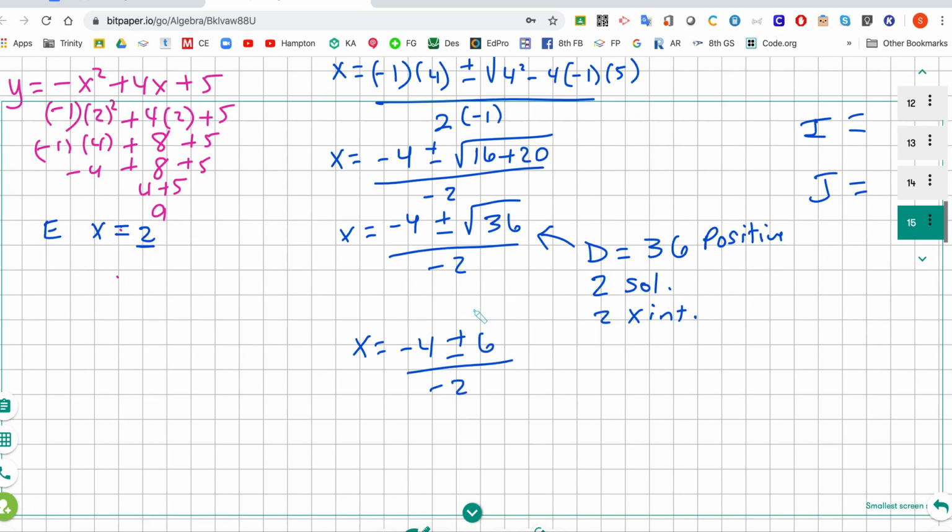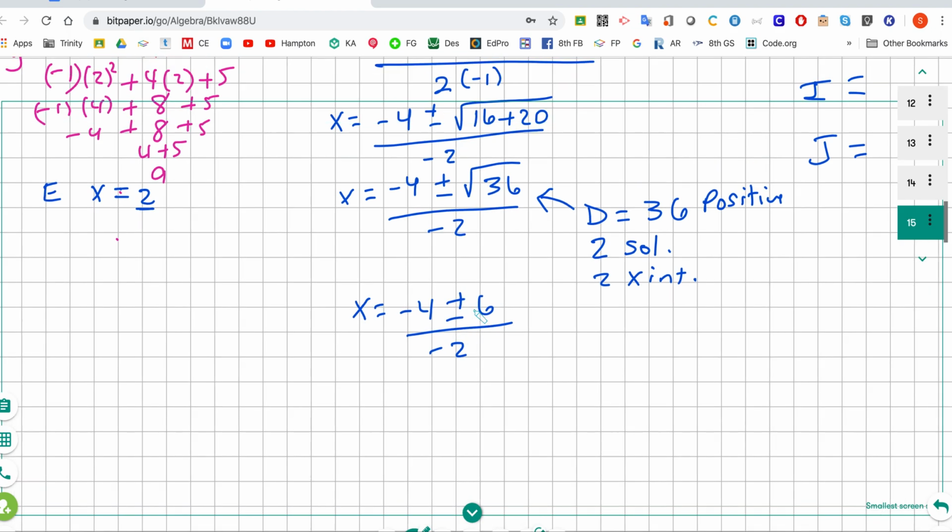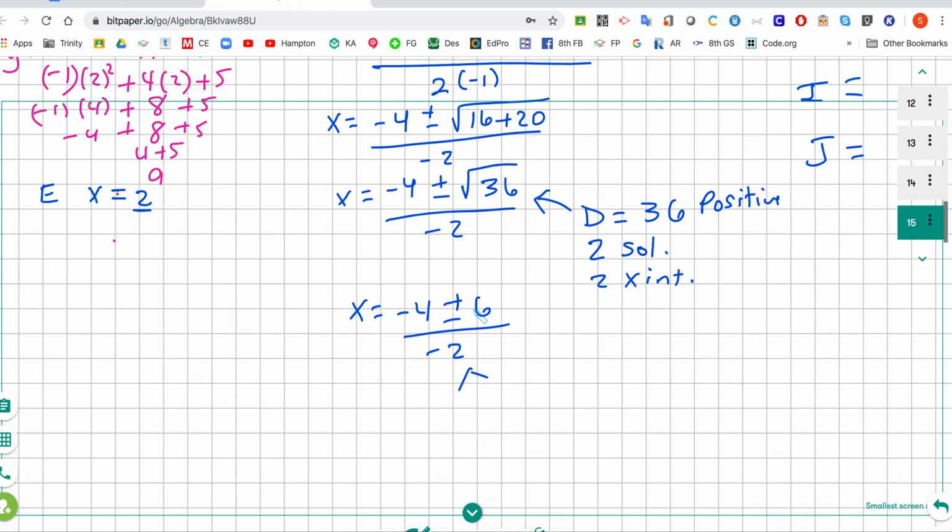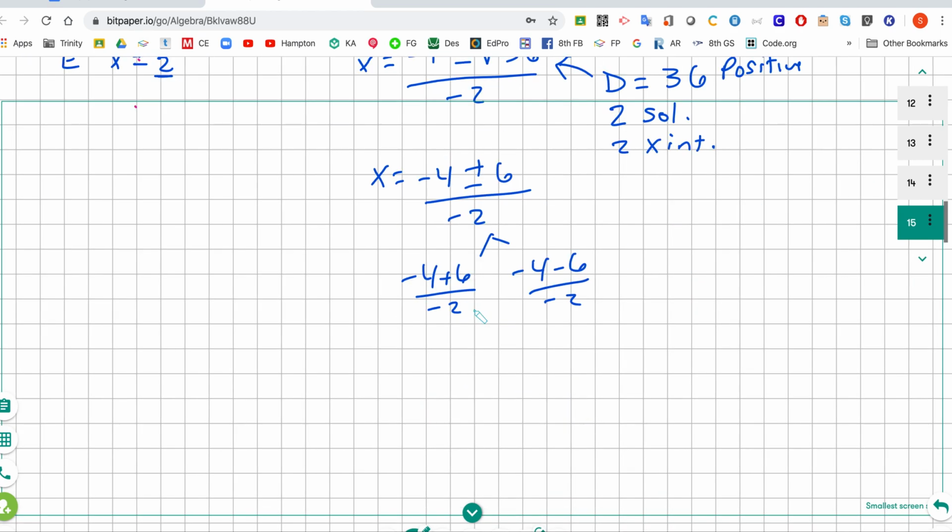And now we're going to go ahead and break those down. -4 plus 6 divided by -2, and -4 minus 6 divided by -2. So we're going to have 2 divided by -2, which is going to give us -1. We're going to have -10 divided by -2, which is going to give us 5.